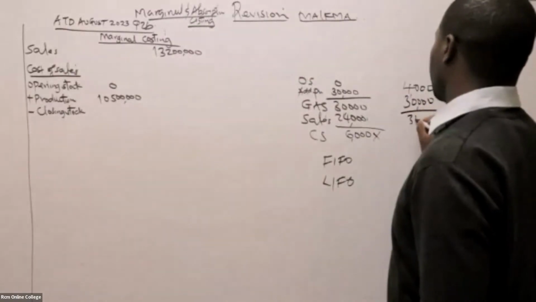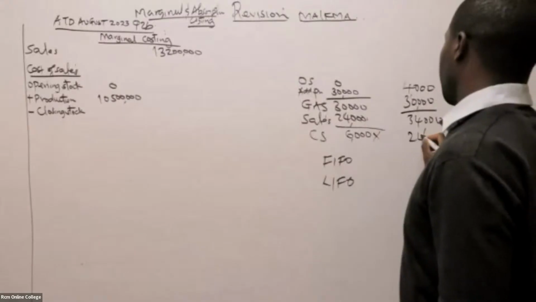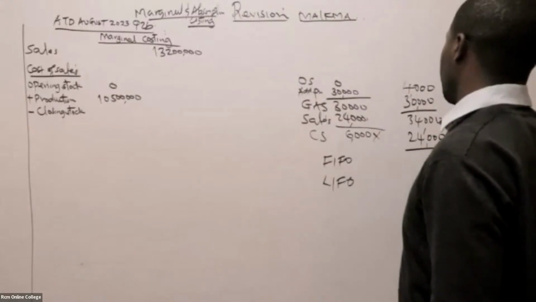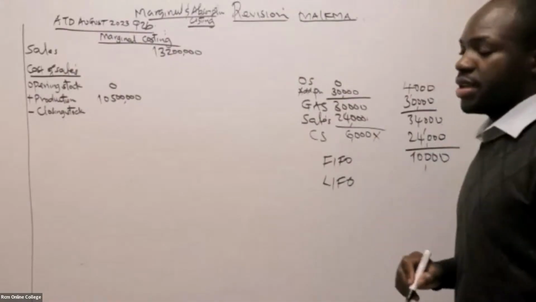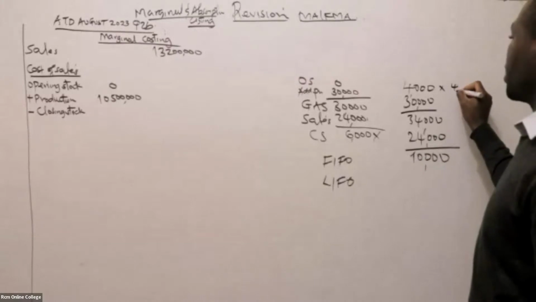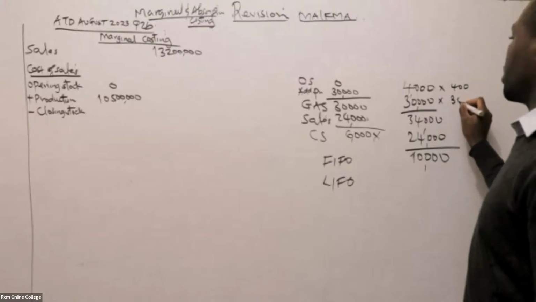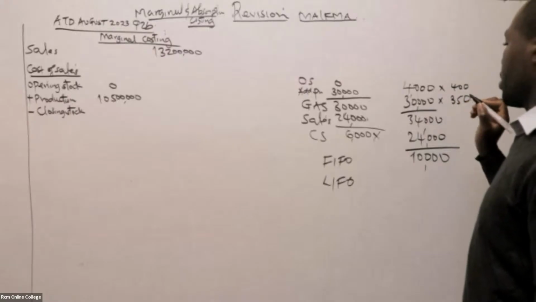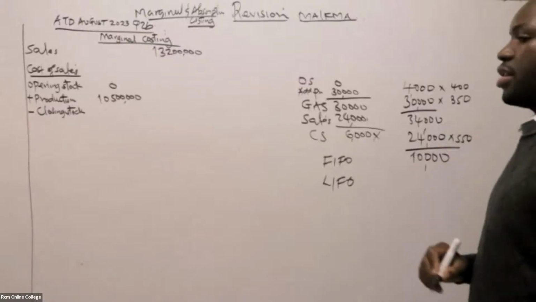We're talking about 34,000. Then what was sold is only 24,000. You are having a closing stock of 10,000. Then we now come and complicate things and tell you this opening stock was brought in at 400. Then we tell you what was produced during the year was produced at 350. Then the sales, you sold them at 550.